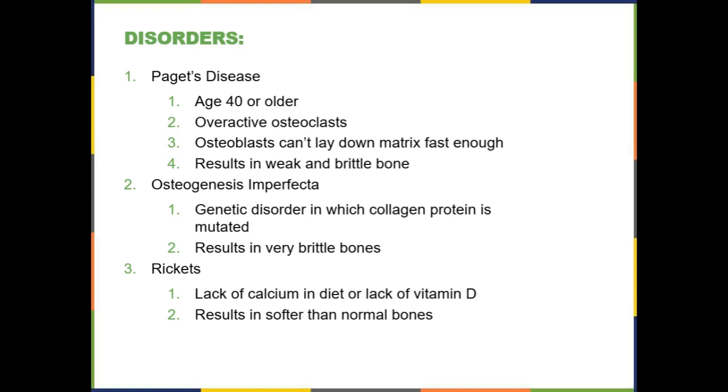And without calcium, your bones are going to become softer. You don't have that calcification occurring, which causes your bones to be nice and hard. So you end up with bones that have the tensile strength and flexibility that collagen gives, but you don't have the protection or the hardness that gives it its overall strength. And in this case, again, bones would break easier and would bend a lot easier.